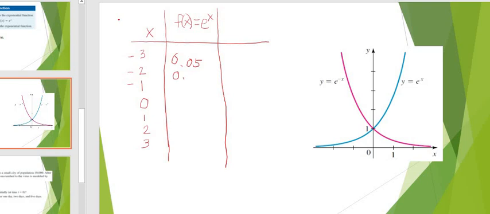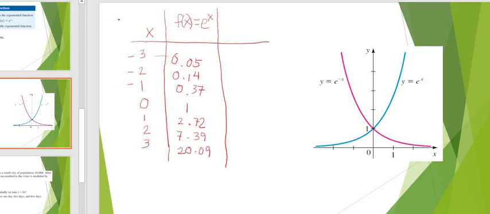0.14, and when x equals negative 1, 0.37, and at 0, 1, we have 2.72, and we have 7.39 and 20.09.